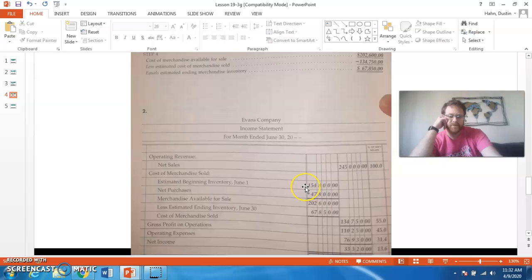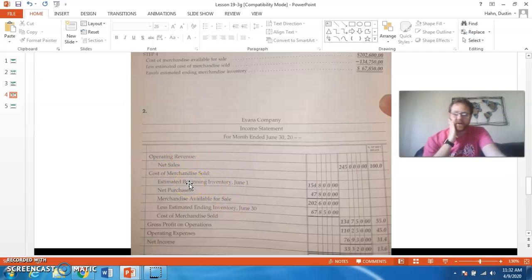So if you have two numbers you need to add or subtract, that's why you use this first column. The second column is kind of like your subtotal or your balance. For net sales, I didn't have 2 or 3 numbers to add up, so that's why I threw 245 in the middle, because that's your subtotal for your sales.